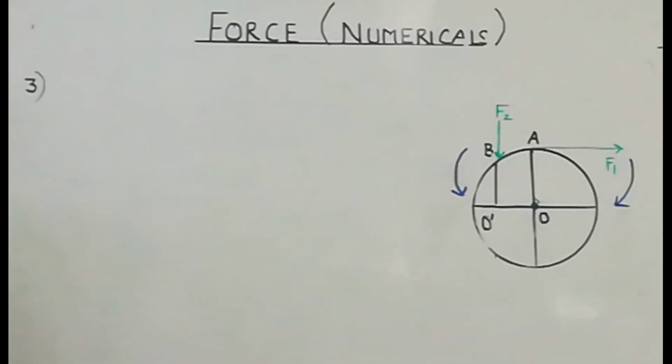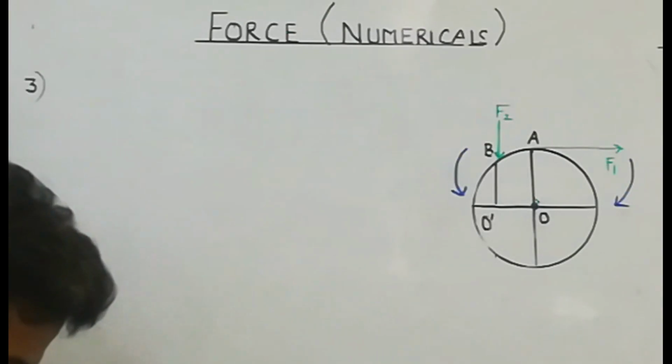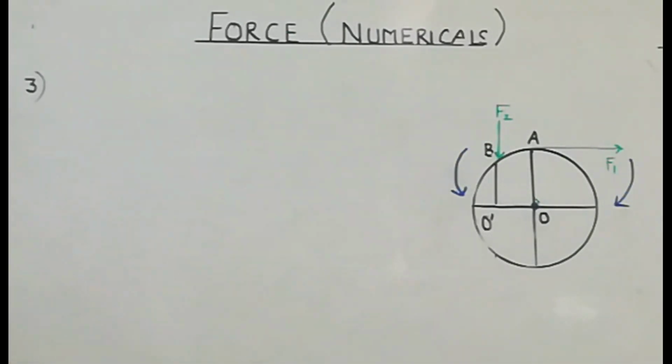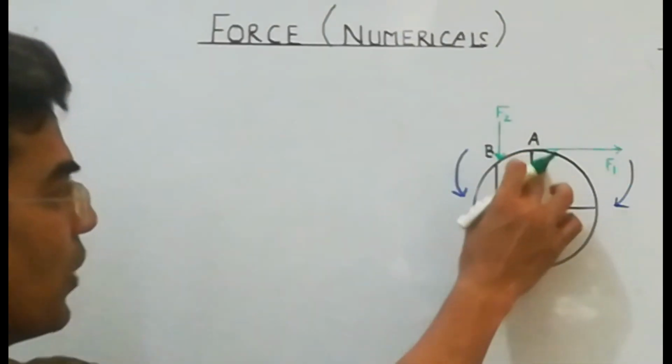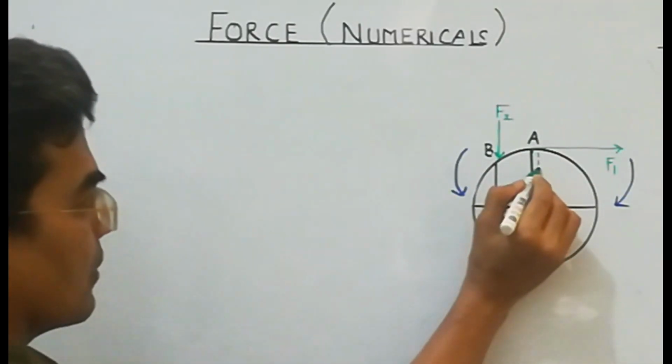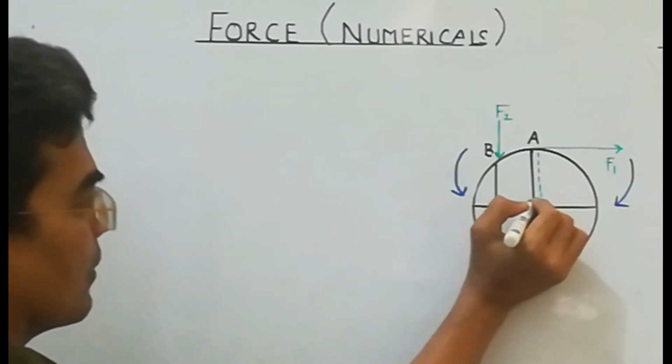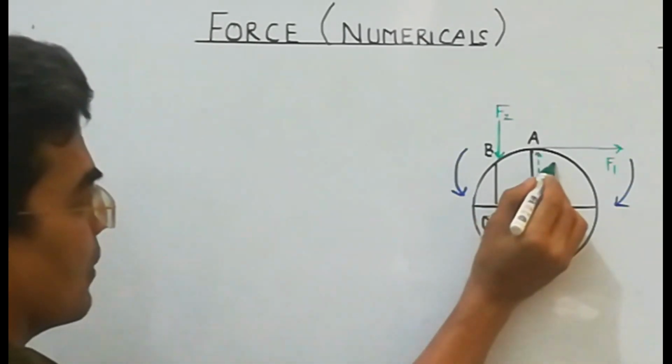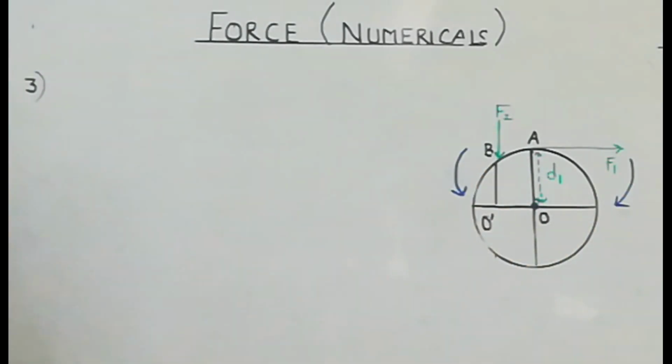Now you see, in the second part they have asked you to find which of the two forces is greater. If you see here, OA is the distance of F1 from the point of rotation that we have marked as D1.